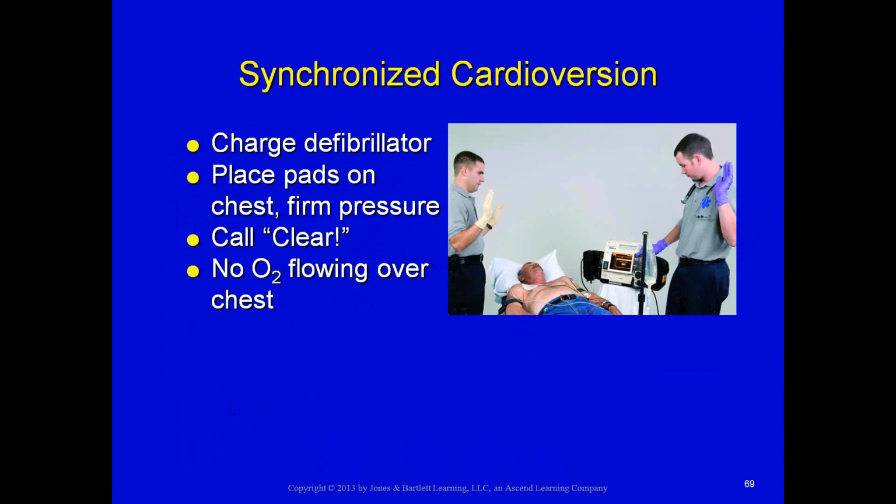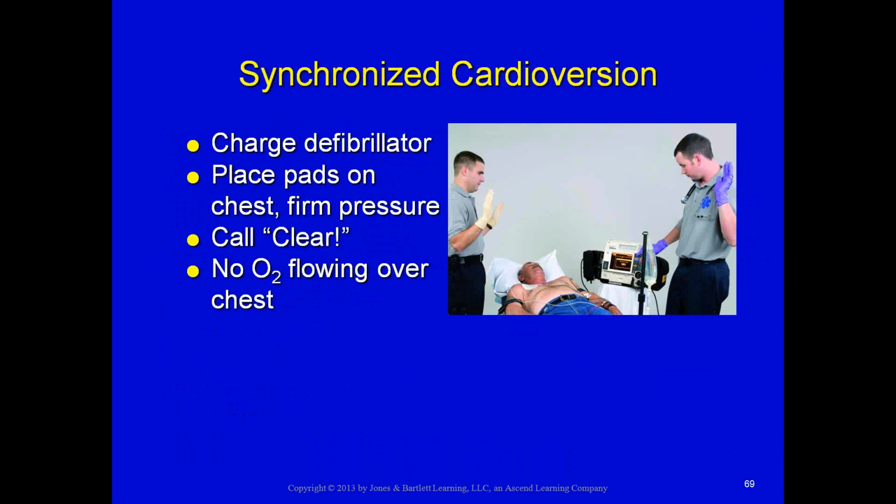One of the things that the American Heart Association has advocated and is rarely ever done is to remove flowing oxygen away from the chest when you do defibrillation or synchronized cardioversion. There have been a couple of reported cases where a fire has actually started when a spark occurs, which lit some fringe of a cover on a person back in the operating room, and that oxygen-rich environment just caused that flame to spread fast, and the patient suffered burns.